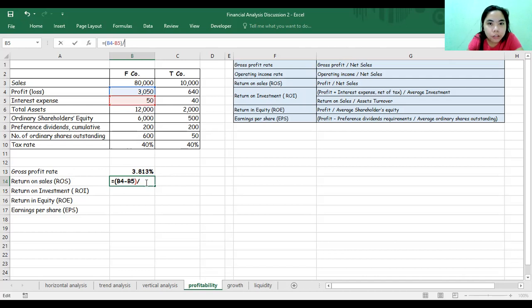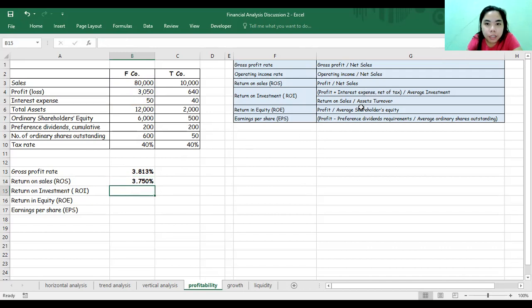So return on sales, that would be over net sales. Profit divided by the net sales. So yes, we have to deduct the interest expense from our profit. That's why 3,050 less 50. So that would be 3,000 divided by our sales of 80,000. So our return on sales is 3.75%.